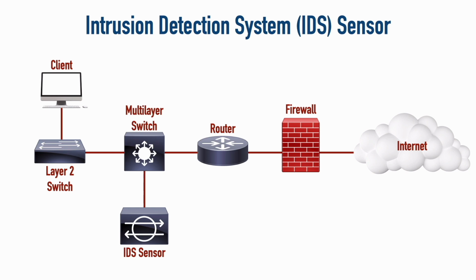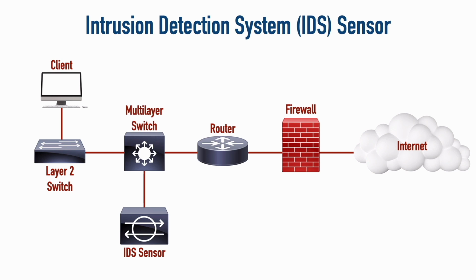They can analyze packets and see if they match a recognized signature. And if we do have a match, we can take action to stop that attack. And those two appliances are an IDS sensor, or Intrusion Detection System sensor, and an IPS sensor, an Intrusion Prevention System sensor.